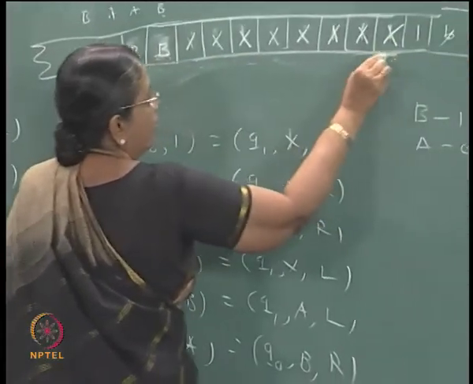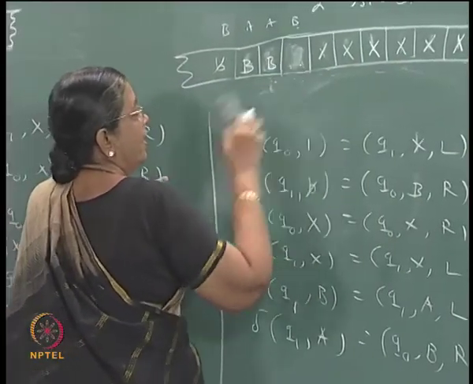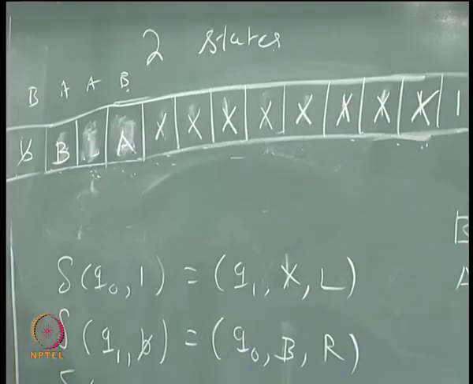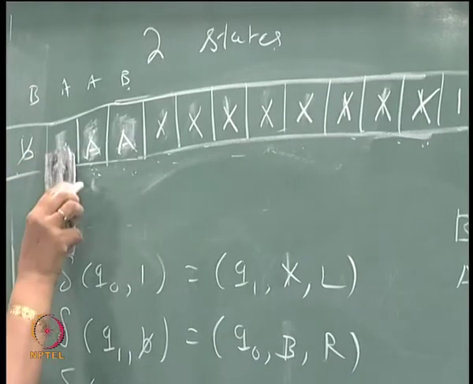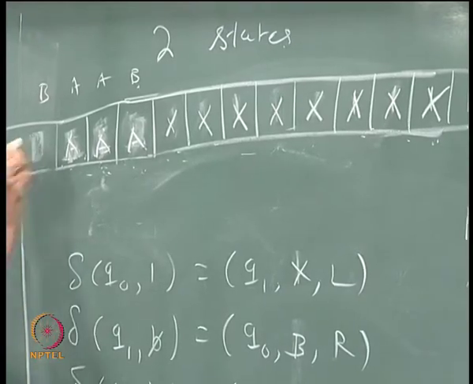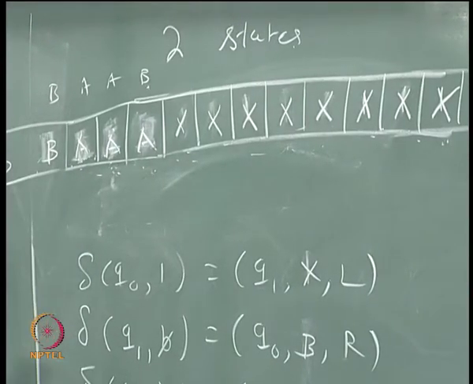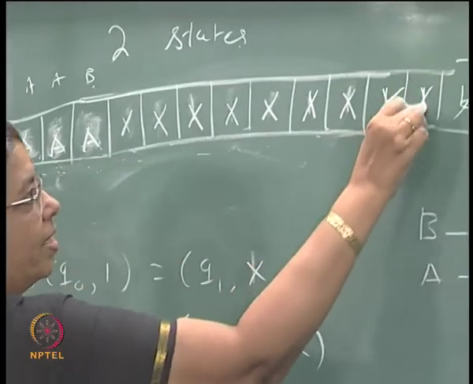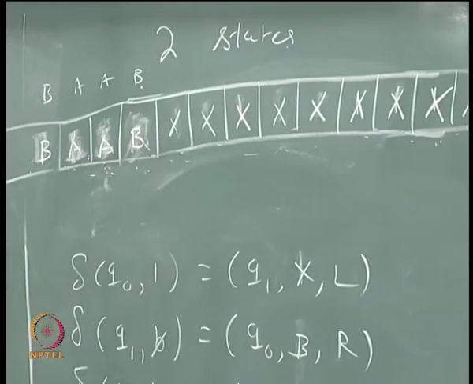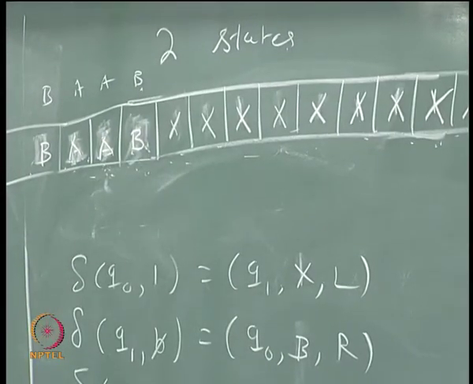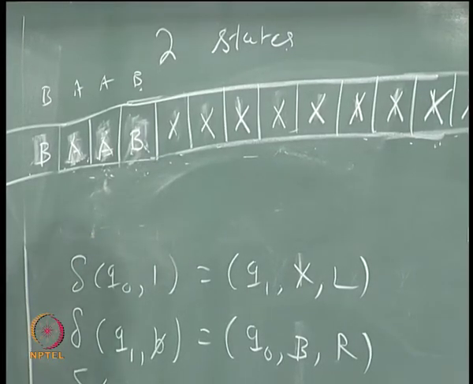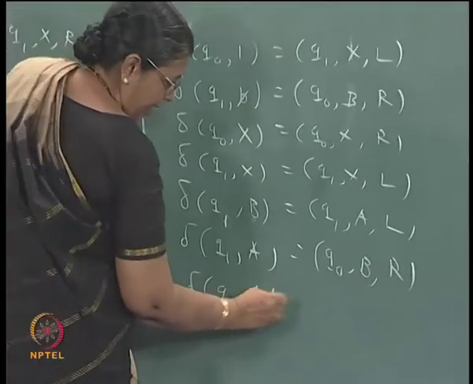Go change this into X and when you come back, change this B into an A, move left, change this B into an A, change this B into an A, then when you see the blank, print a B. Again go, change this, come back, change this into a B. Now, in Q0 if you are supposed to see a 1, delta of Q0 blank you halt.